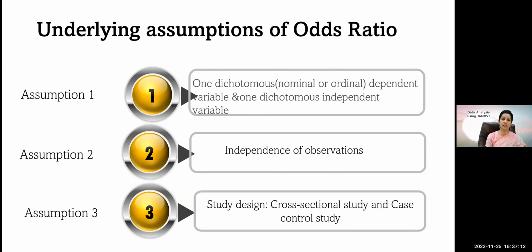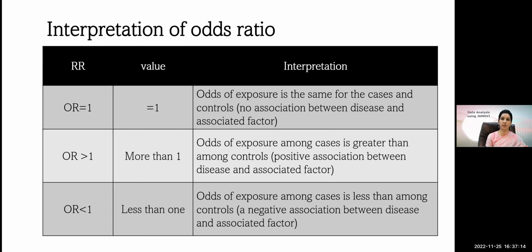So the underlying assumptions are almost the same for both these study designs, both these types of risk measurement. The interpretation of odds ratio is, if the odds ratio is 1, the odds of exposure is the same for cases and controls. And in that case, we can say that there is no association between the disease and the associated factor.